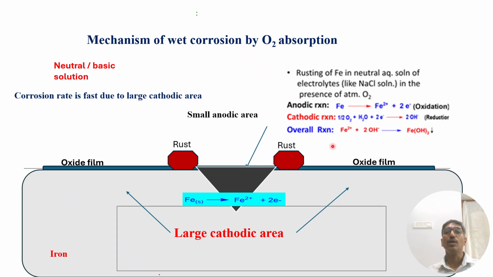It's a reduction. When it comes to the overall reaction, the iron ion combines with the hydroxide to form the corresponding ferrous hydroxide and subsequent ferric hydroxide, so that rust formation takes place. This is another mechanism of wet or electrochemical corrosion.